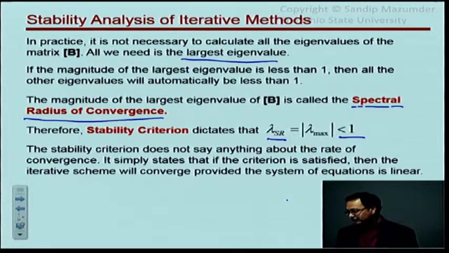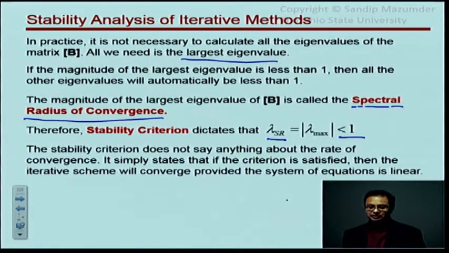The stability criterion doesn't say anything about the rate of convergence. It simply says whether a system will converge or not. It doesn't tell you that if the eigenvalue is 0.8, and some other method has 0.9, then 0.8 is better than 0.9, and therefore 0.8 will converge faster. No, it doesn't tell you that.